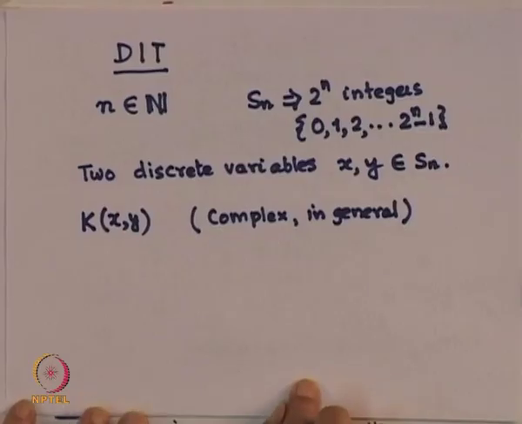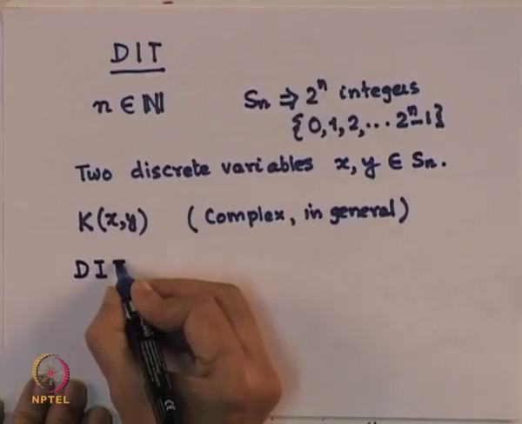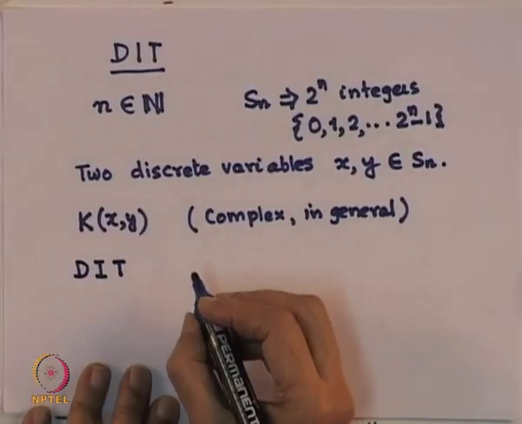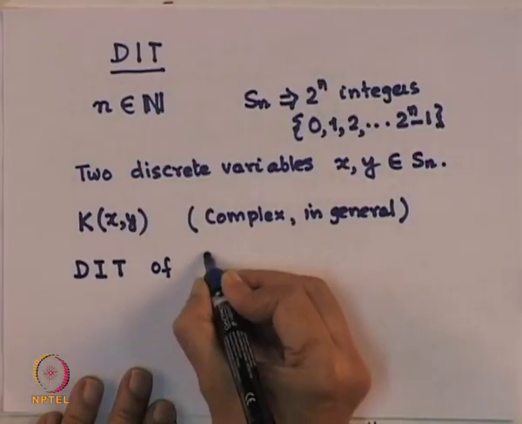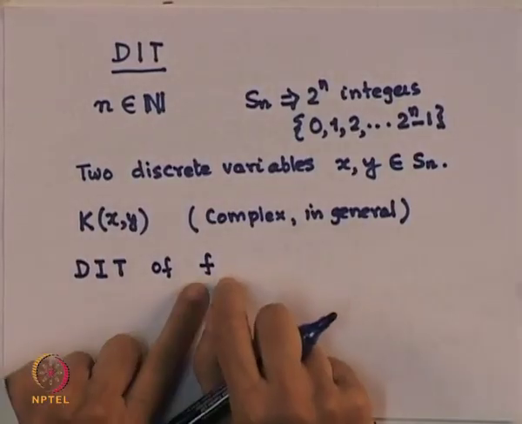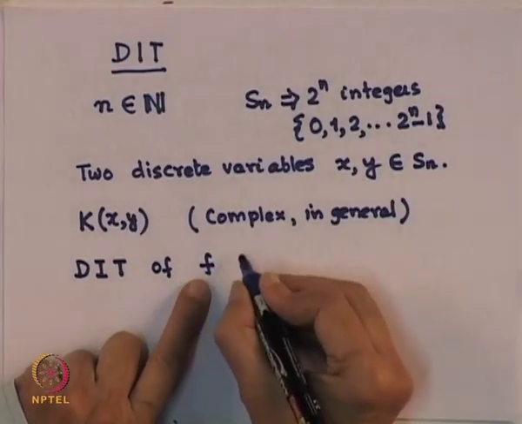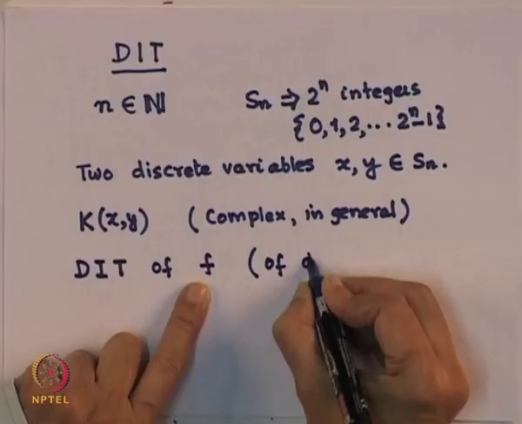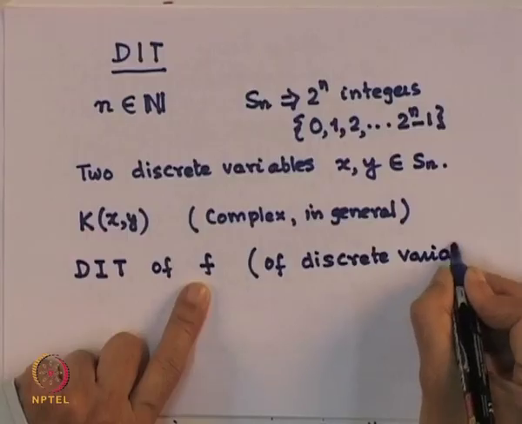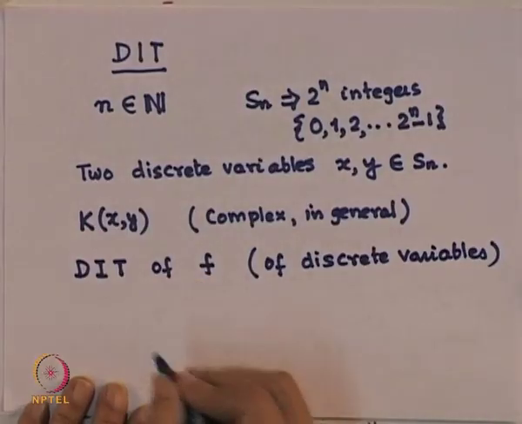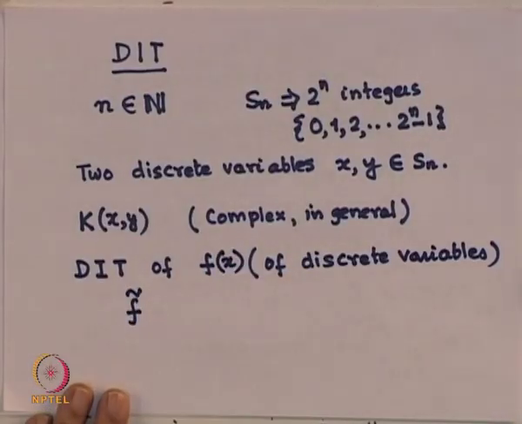Now let me define using these the discrete integral transform of a function f. Now this is a function of the discrete variables. So f is a function of x, which is, let us say, a discrete variable.